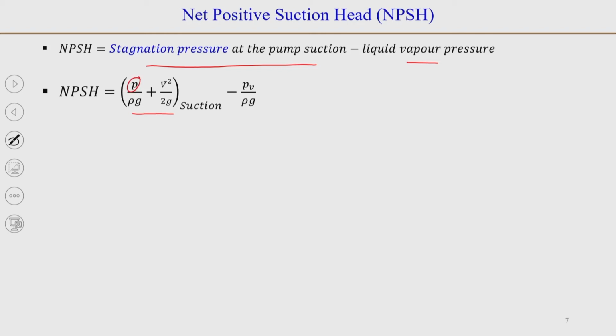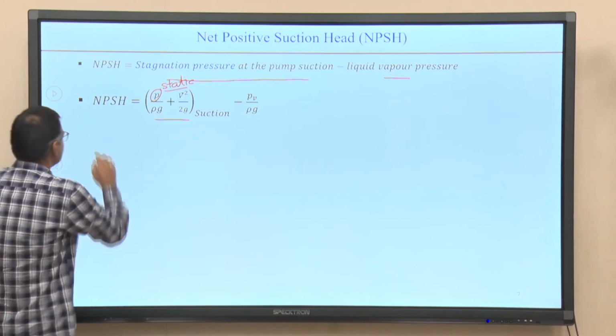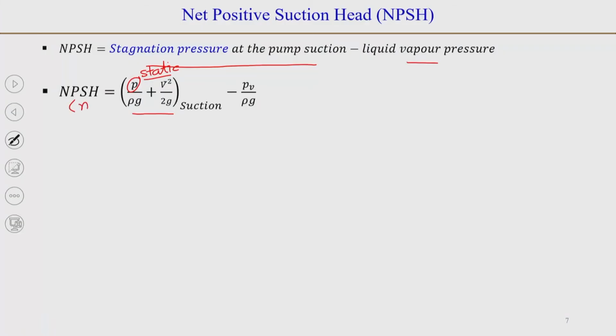So, the stagnation pressure at the pump suction will be the static pressure. This P is the static pressure; everywhere we have been talking about, P is the static pressure. So, P by rho g, when it is in terms of rho g, the units are in meters. So, P by rho g plus V squared by 2 g is the stagnation pressure at the pump suction, minus P_V by rho g.